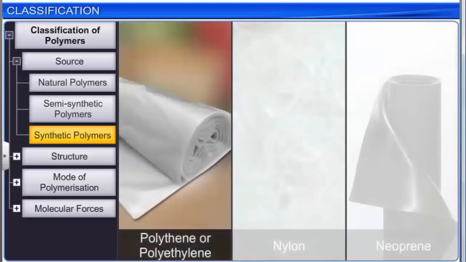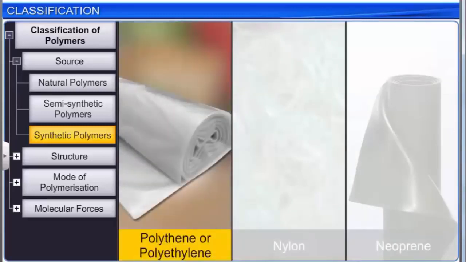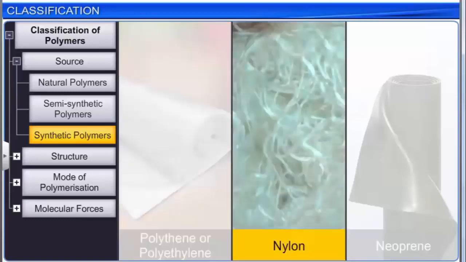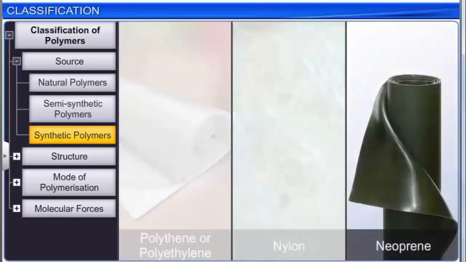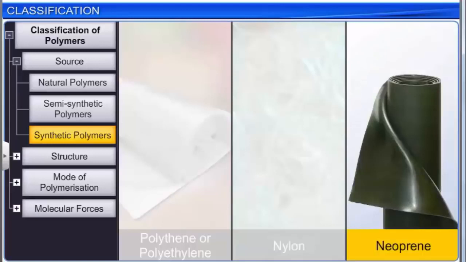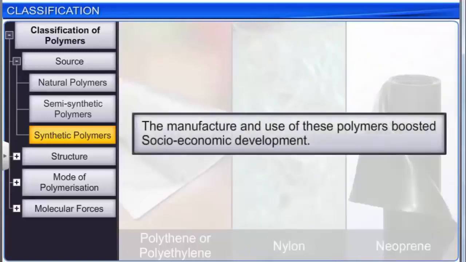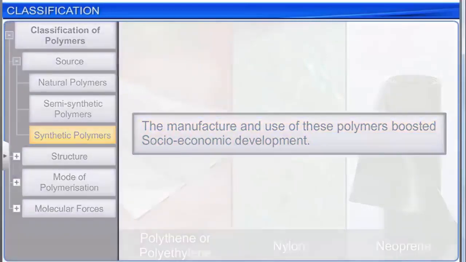Examples are plastics, such as polythene or polyethylene, fibers, such as nylon, and synthetic rubbers, such as neoprene. The manufacture and use of these polymers boosted socio-economic development.